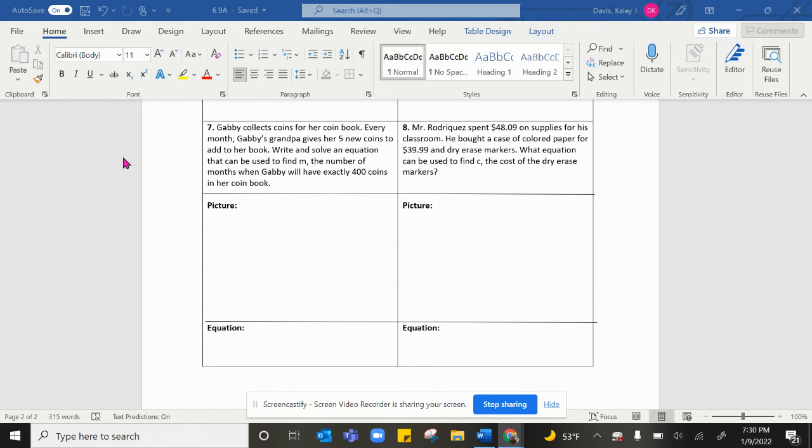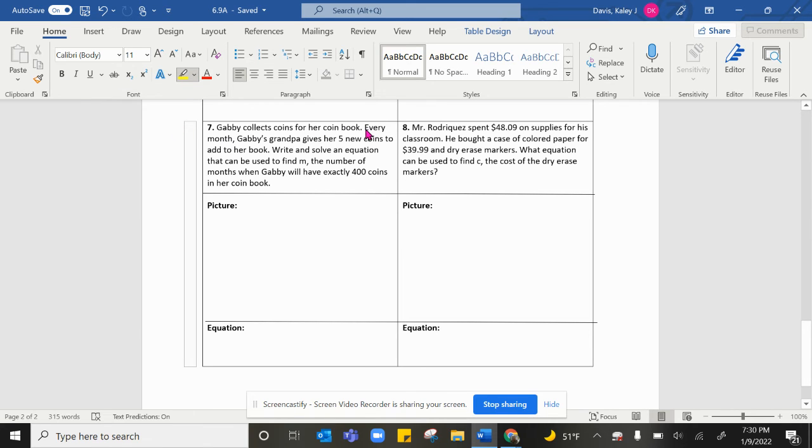So it says Gabby collects coins for her coin book. Every month, Gabby's grandpa gives her 5 new coins to add to her book. Right? We're not solving yet. An equation that can be used to find M, the number of months when Gabby will have exactly 400 coins in her book. All right. So with this, let's get our important info.